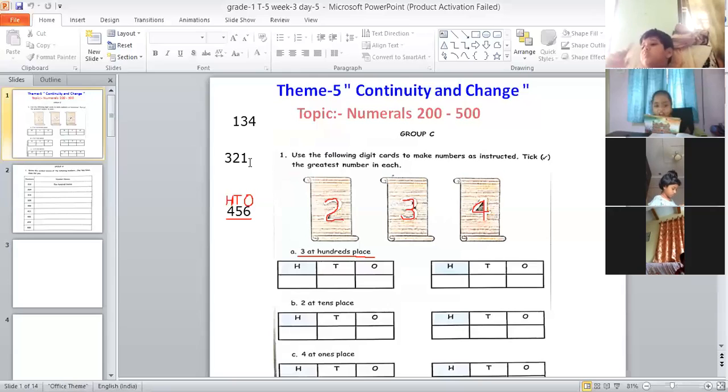So what will be the number? 3, 2, 1 is 321.